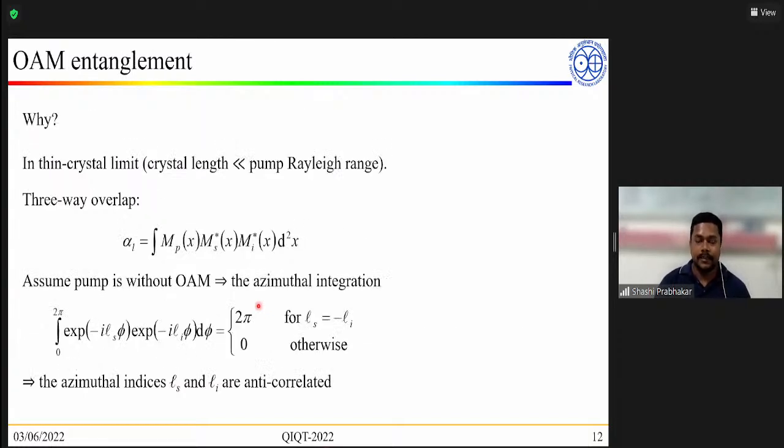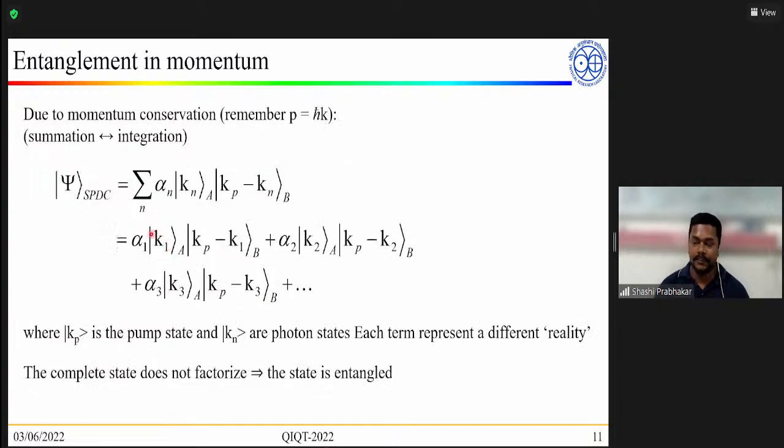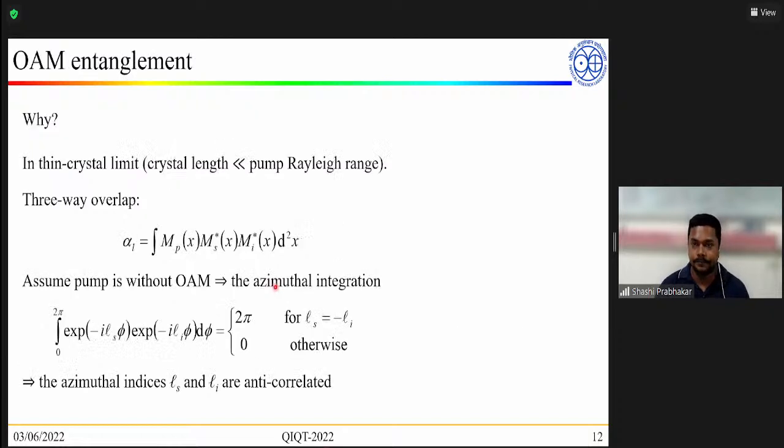Going ahead, if it's an entangled state, surely we will get orbital angular momentum states of light. If I replace this K with L, the orbital angular momentum index, then if the pump is 0, if it is 1, this is minus 1; if this is 2, minus 2; 3, minus 3. So they form an infinite dimensional entangled state.